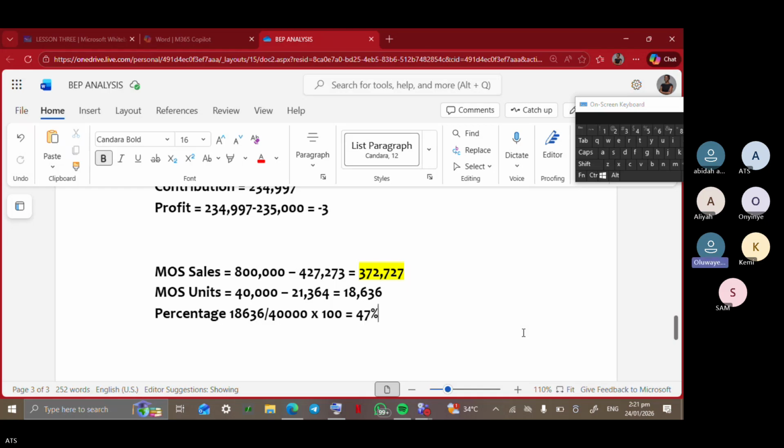I thought the percentage for margin of safety is margin of safety in naira divided by the budgeted. Yeah, you can also use that. You get the same answer.